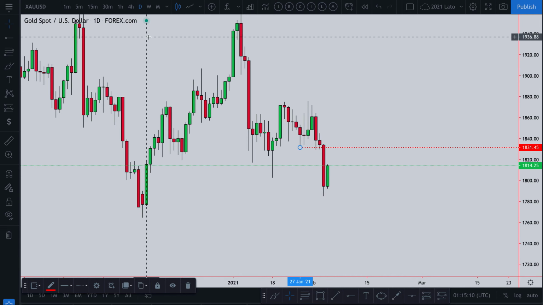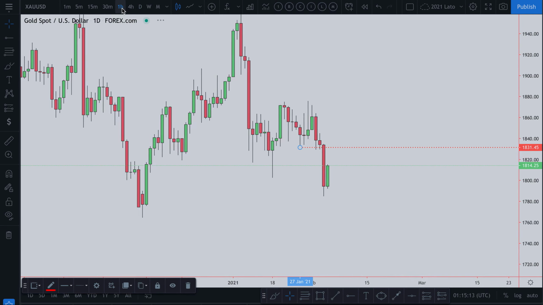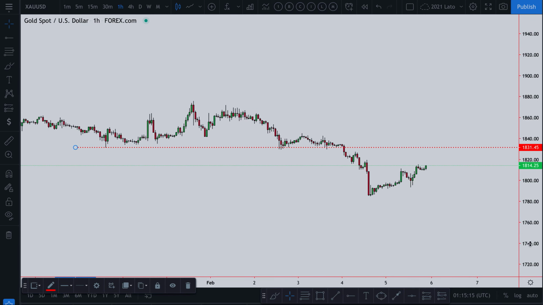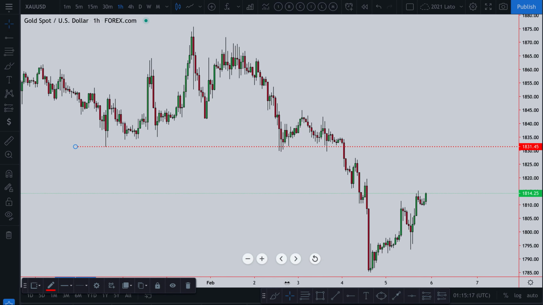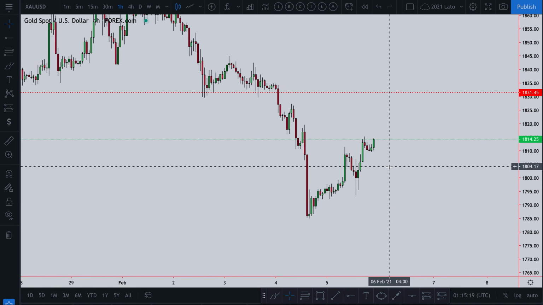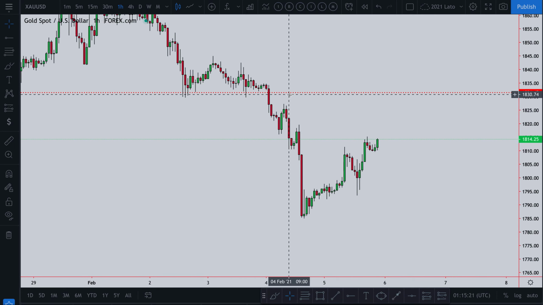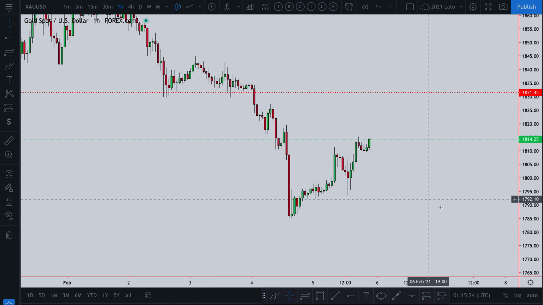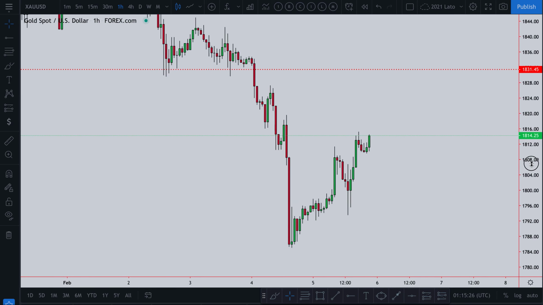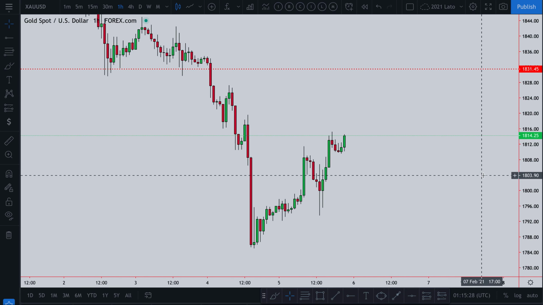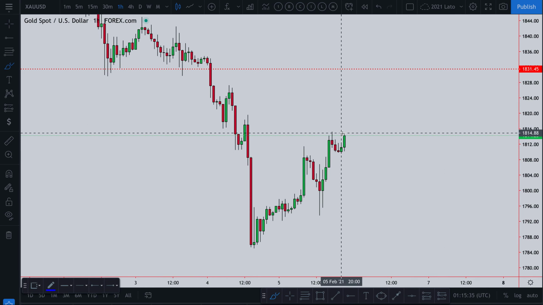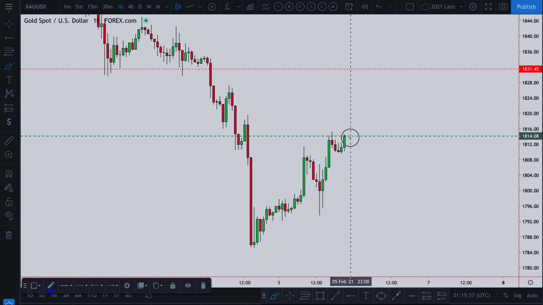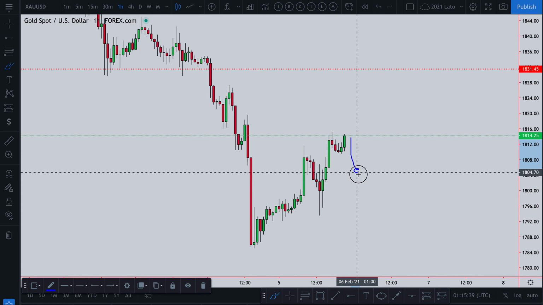If I go and look at the one-hourly chart, here you can see I have already marked the short-term target. If I were to go for a long opportunity, obviously I might wait until the market comes back to that level over there. Why?